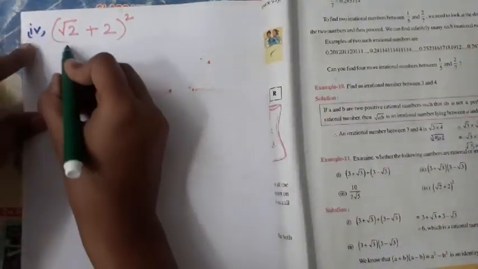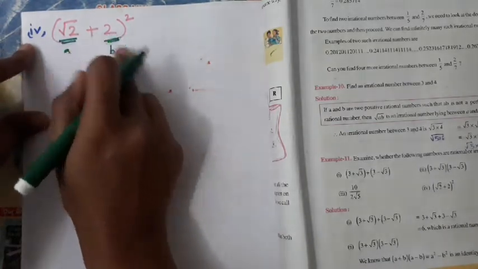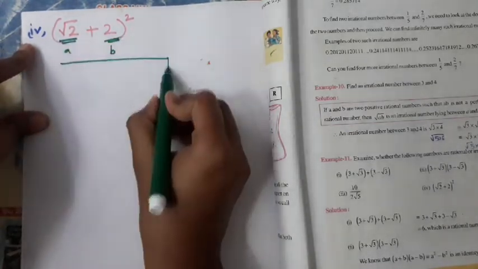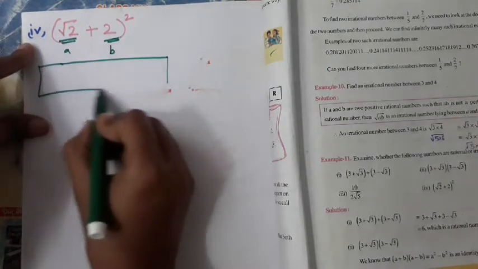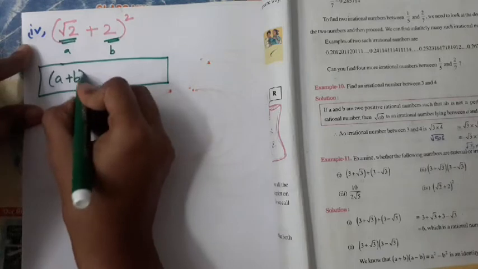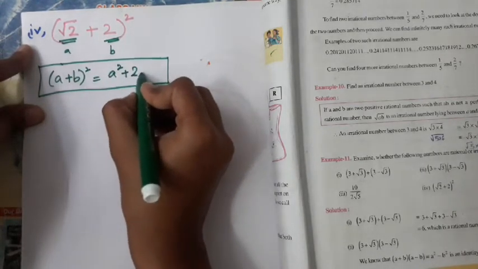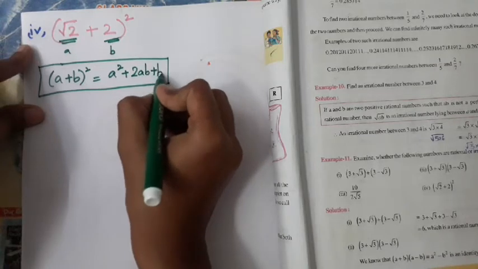Now this is A and this is B. We have to take the A plus B whole square formula. We have to write the formulas in boxes. You already know this: A plus B whole square is equal to A square plus 2AB plus B square.